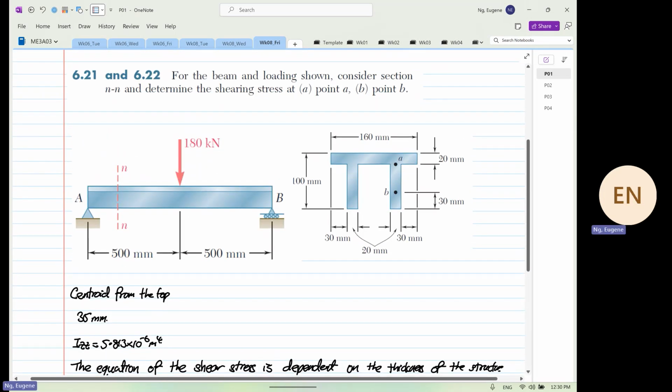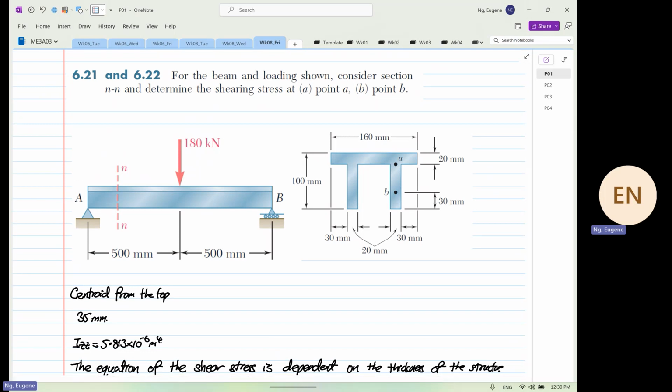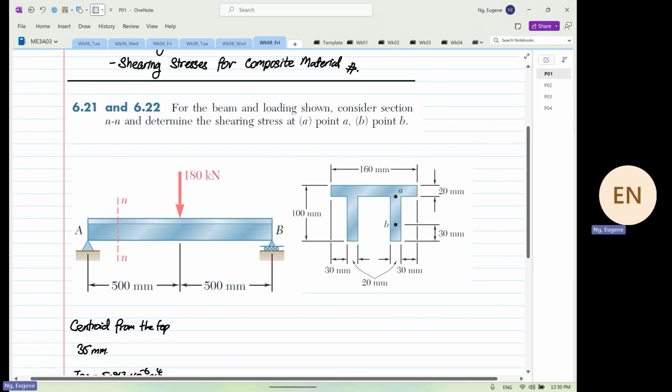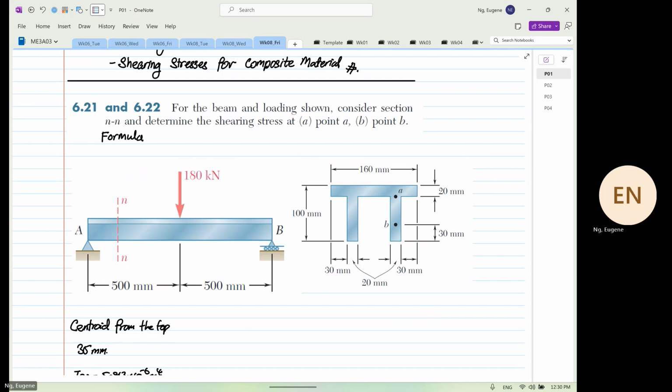I don't want to determine the stresses at point A or point B. We have done that. But rather, we are going to formulate the shear stress distribution equation.